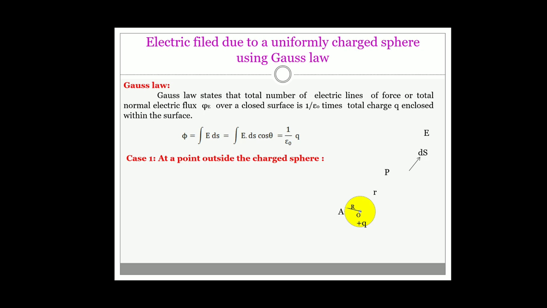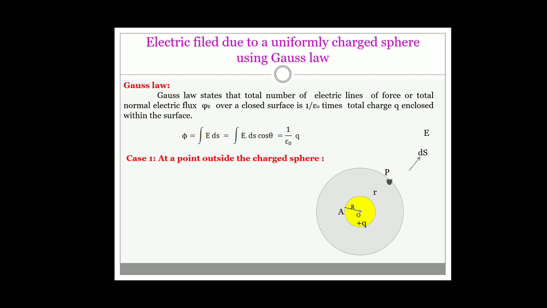For this purpose, we draw a Gaussian surface having radius small r, where r is the distance between center of the charged sphere and point P, where we have to calculate intensity of electric field, which lies outside of the charged sphere.